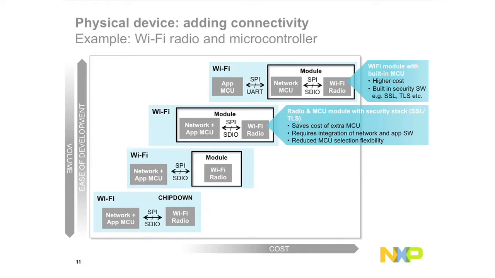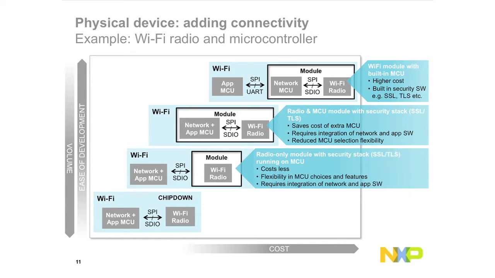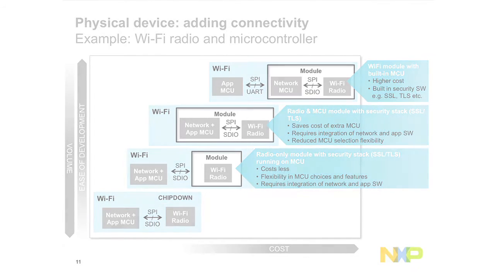Another way to go is to buy a radio-only module. Then you have your choice of MCUs, but you run the network stack outside, and obviously the network stack has to be ported to that MCU. The beauty of ARM is that if it's a Cortex-M4, it's pretty easy to take advantage of things that have been designed for the M4. You have to worry a little bit about the peripherals.